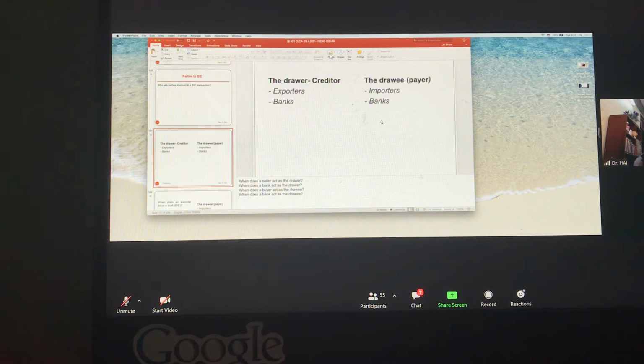And when the commercial bank has to draw the bill, but not the exporter, you have to know exactly when the exporter is drawer, when the commercial bank is drawer. So I think that's not easy for you to understand from now, but at least you write down a notation, okay? Please write down the notation.